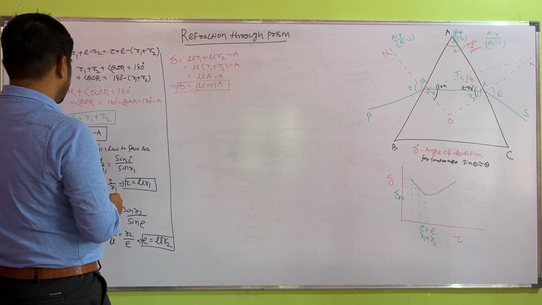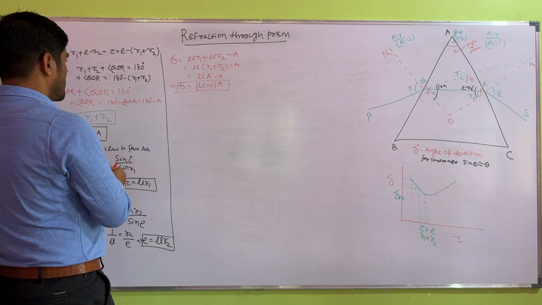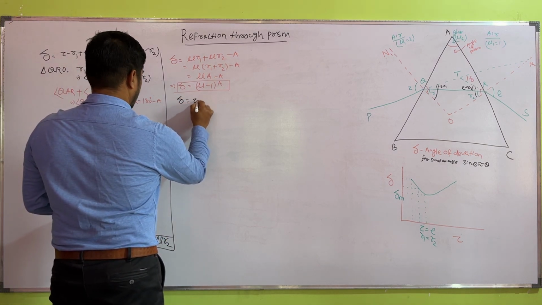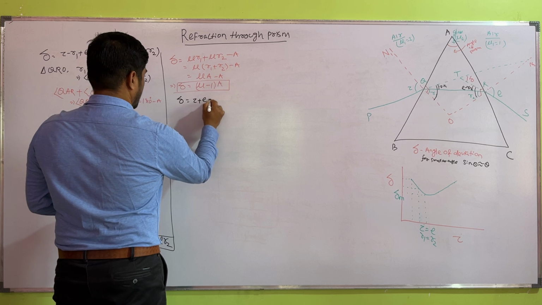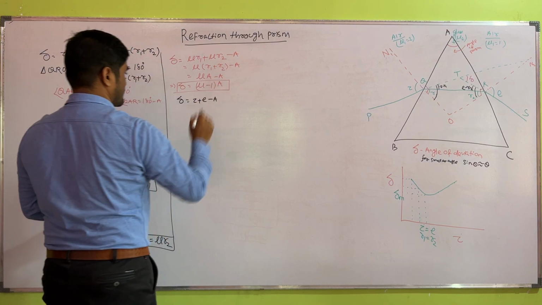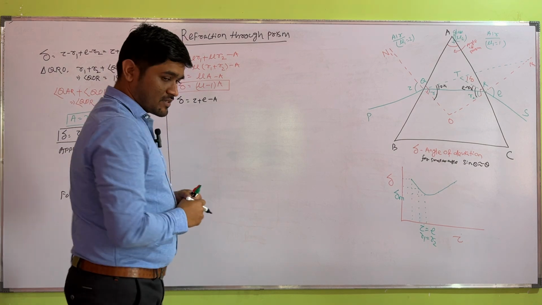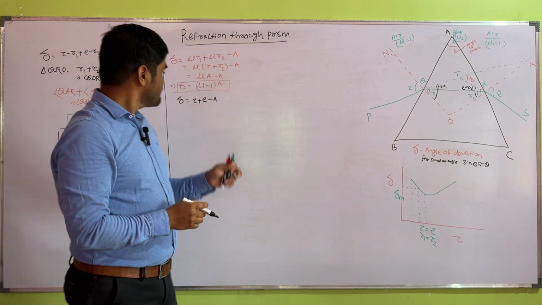From the equation delta equals i plus e minus A. This is the equation for angle of deviation. Yes or no? Yes.